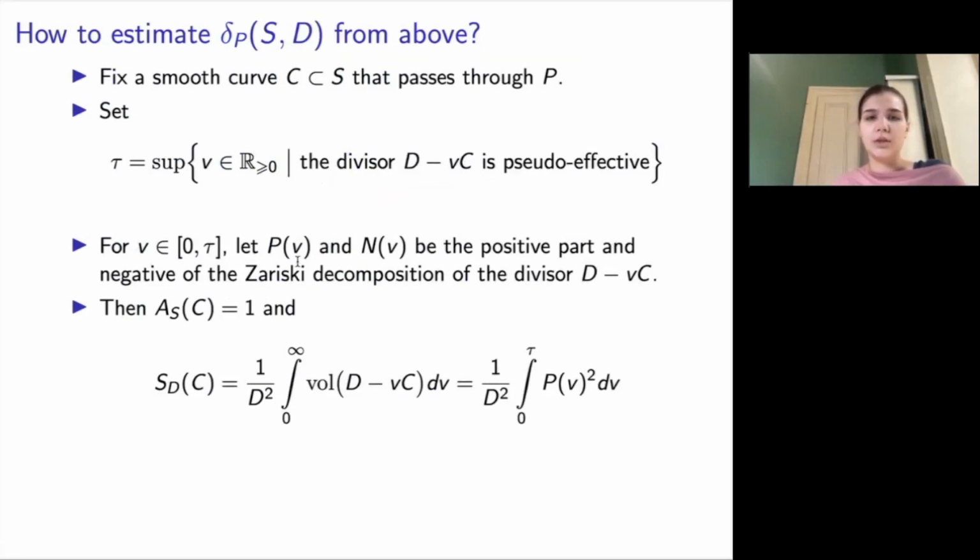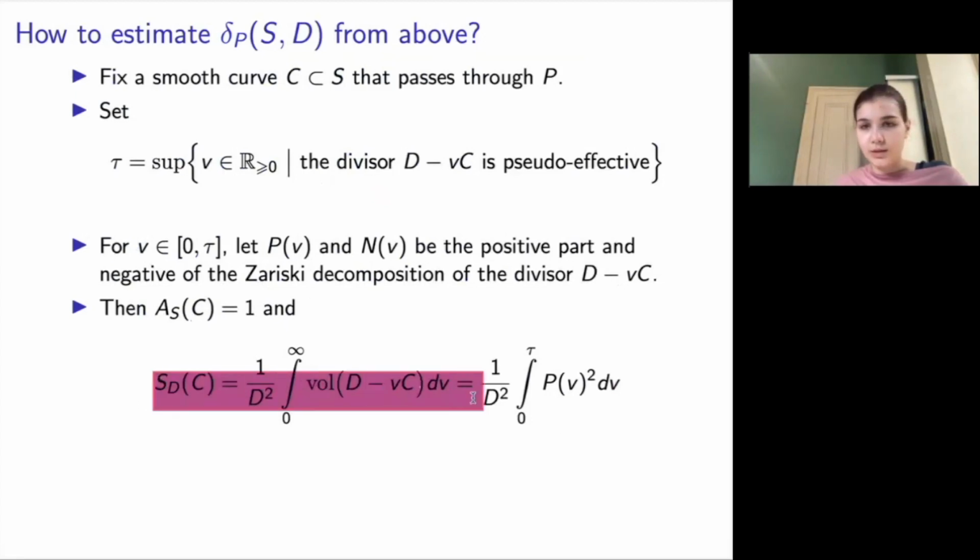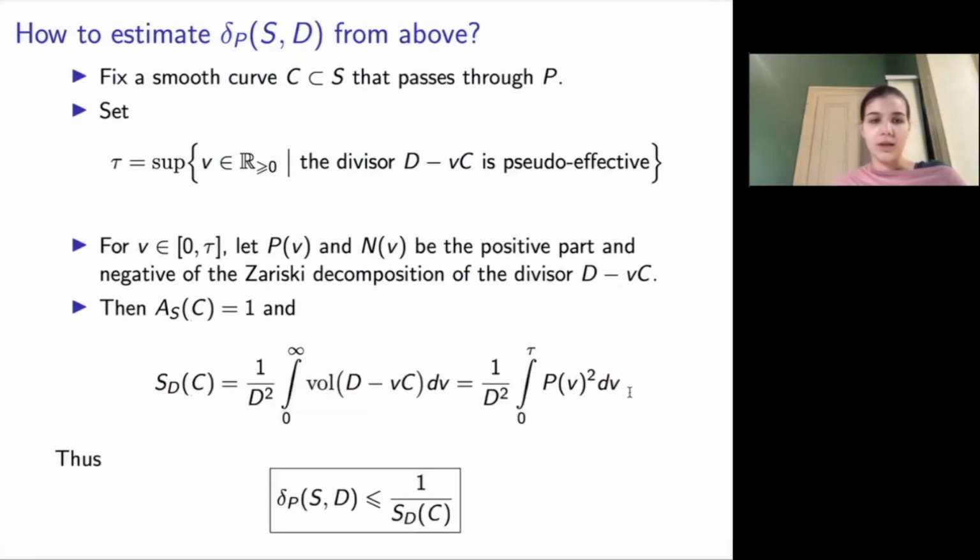Then on this interval, we compute the positive and negative part of the Zariski decomposition of the divisor D minus vC. Then, since this curve C belongs to our surface, the log discrepancy is just 1. And we also can compute our S integral. Then we have that our local delta invariant is less or equal than 1 over our S integral.